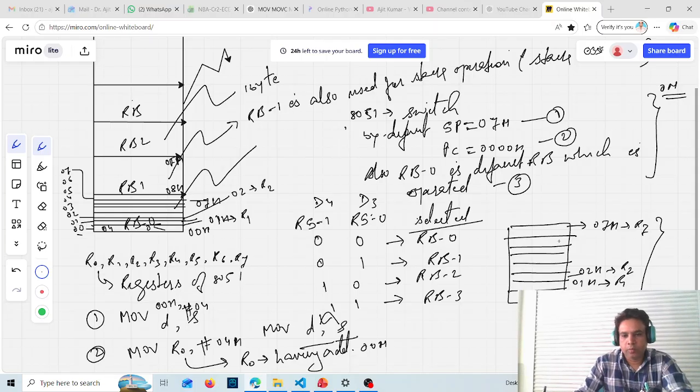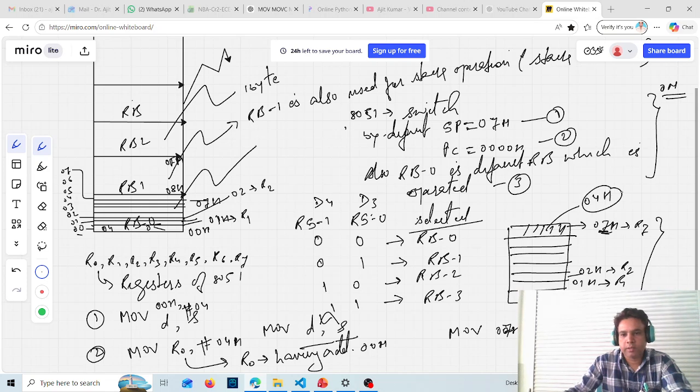So if you want to move something into the address 07H, either you can write something like this: move 07H, comma, #04H. I was saying about this address 07H. Suppose that I want to store something in this address 07H.